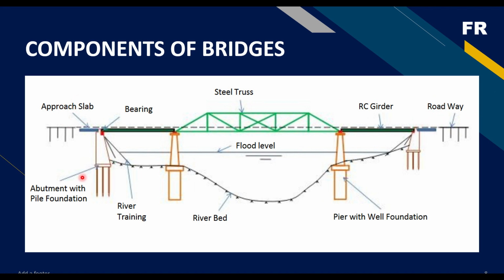Then you can see the abutment at the start of the bridge, and we also have an abutment at the end of the bridge. Then you have river training structures. These are structures that protect your bridge from the river flow or the current of the river. Then you can see the riverbed.